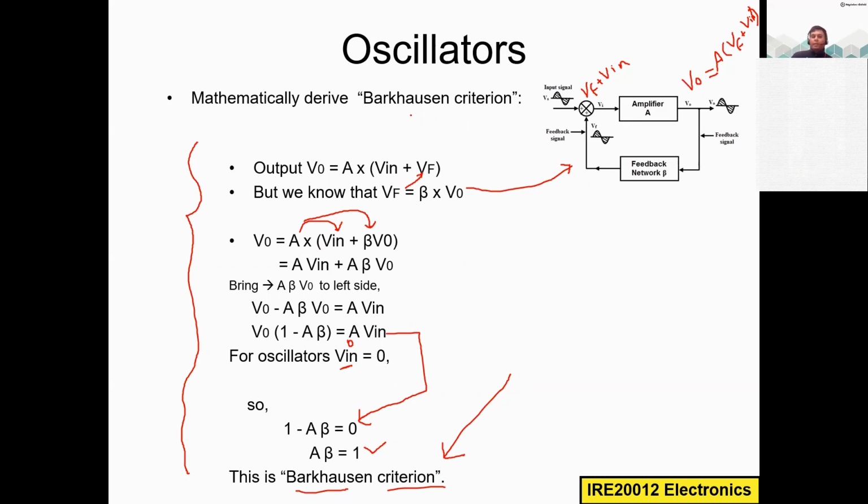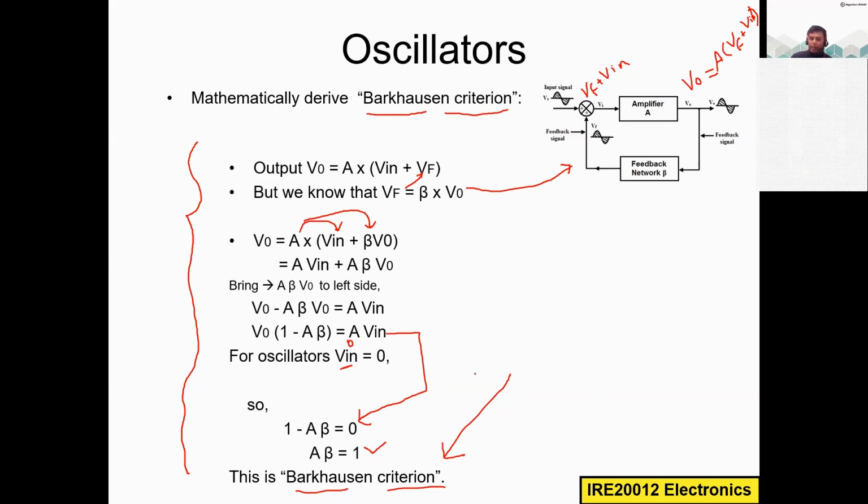So here what we had seen was what is oscillation and what is an oscillator, and what are the conditions of the Barkhausen criterion. Mathematically we have proved the Barkhausen criterion by generating the equations and applying the conditions, and we got A beta equal to 1.